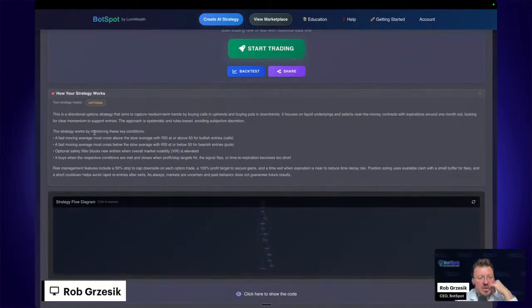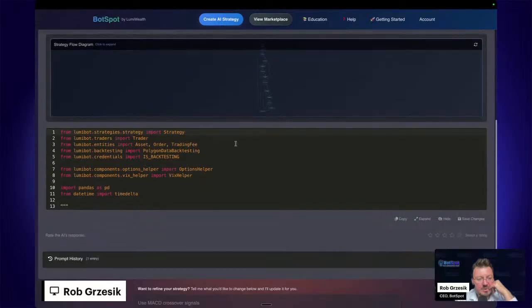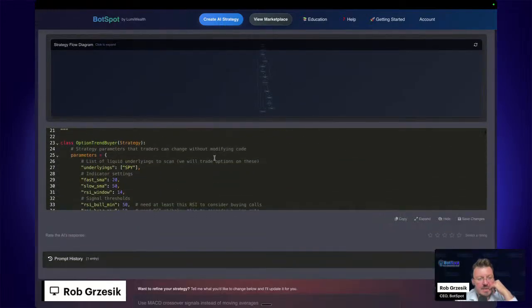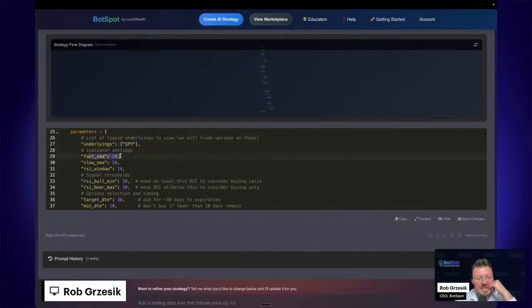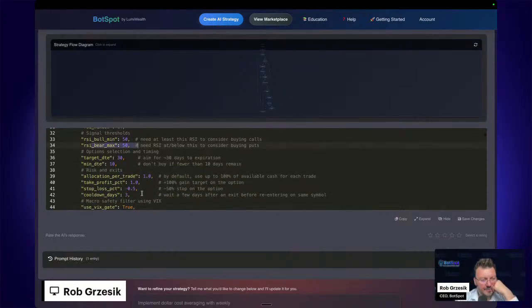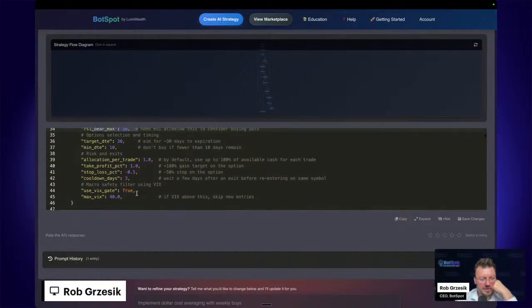Okay, the strategy works by monitoring these key conditions, right? And then let's see, what symbols does it trade? It trades SPY, right? And it's got a fast SMA of 20, a slow SMA of 50, RSI window of 14, RSI bull, bear. So it's got a bunch of stuff here. It looks for VIX as well.